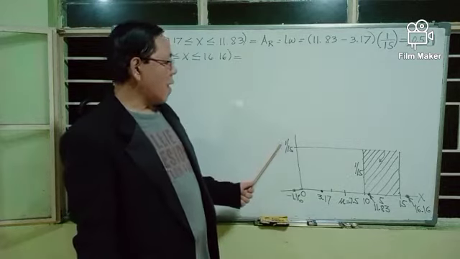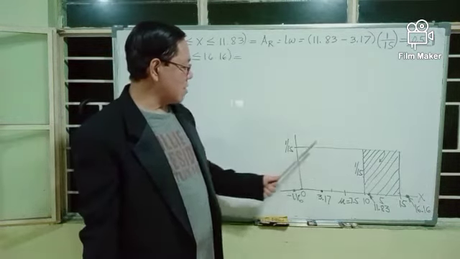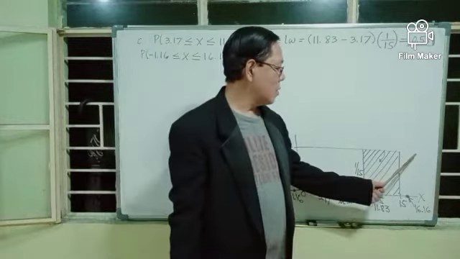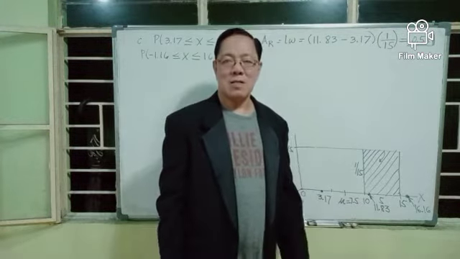The upper boundary is the horizontal line from negative 1.16 to 16.16.